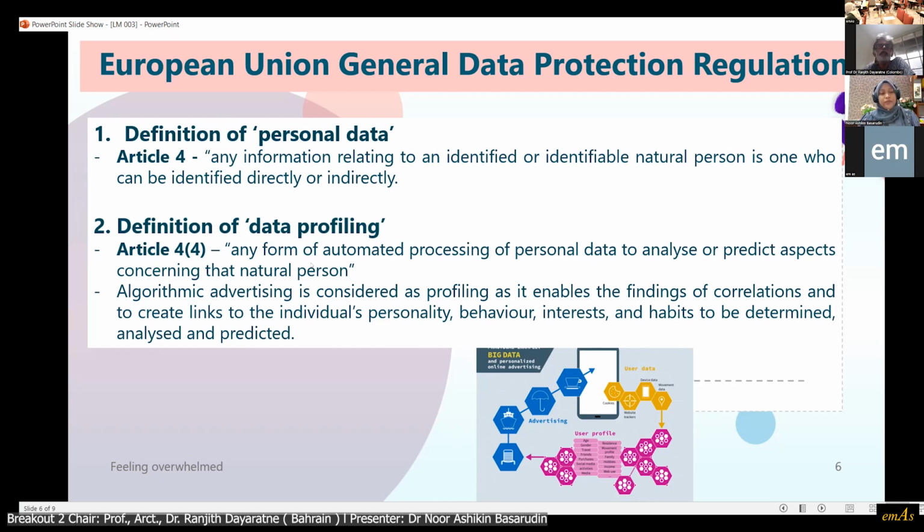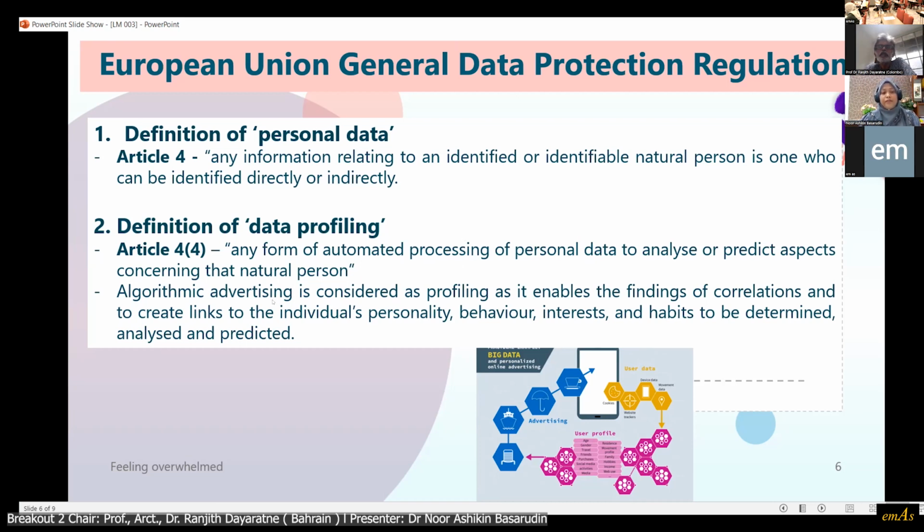Under data profiling, this determines whether the data processor and data controller have to abide by the GDPR or not. Since they are the ones doing the data profiling, or what we call automated processing, they should abide by the GDPR.